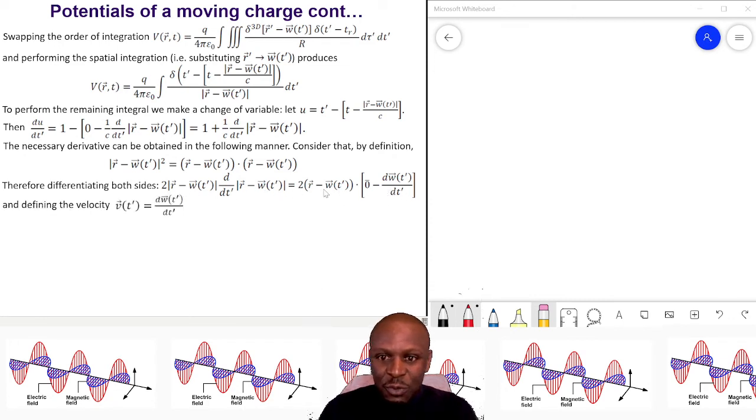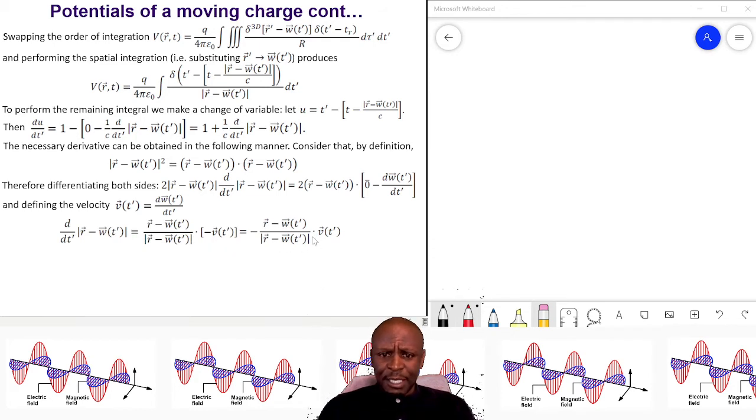But now if you want to make this a subject of the formula, therefore the 2 will cancel this, and then you will divide this by the magnitude here. You will have to divide this by the magnitude, and then this one will be 0, and then multiply by that. But now we want to define this as a velocity. As a result, this can be written in terms of this.